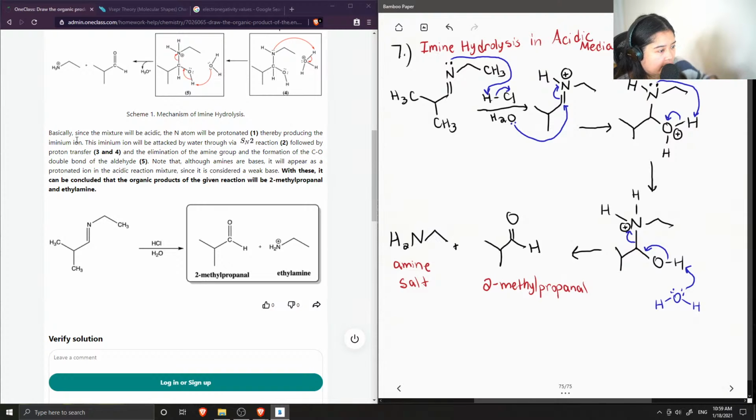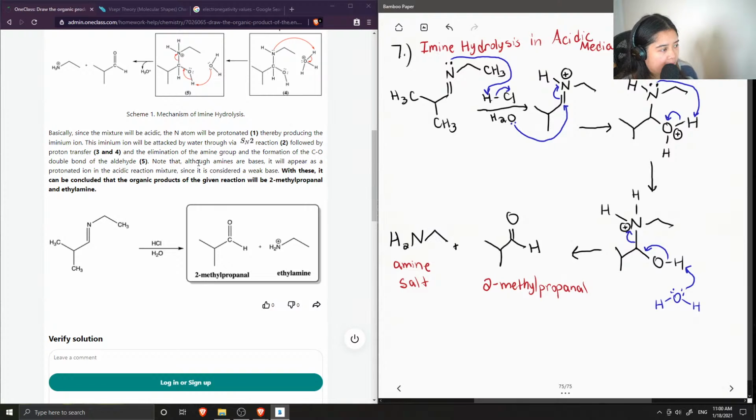Basically, since the mixture will be acidic, the nitrogen atom will be protonated, thereby producing the iminium ion. This iminium ion will be attacked by water via SN2 reaction, followed by proton transfer and the elimination of the amine group, formation of the CO double bond of aldehyde.